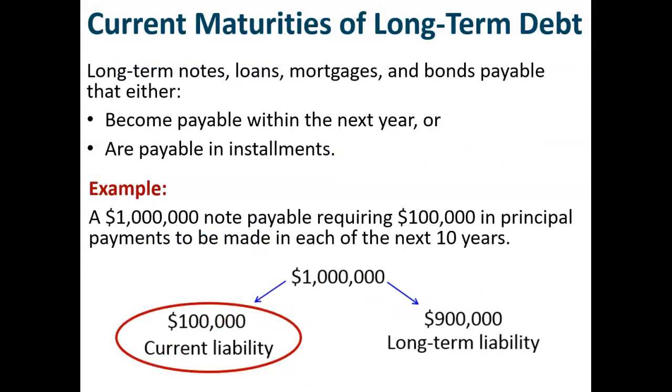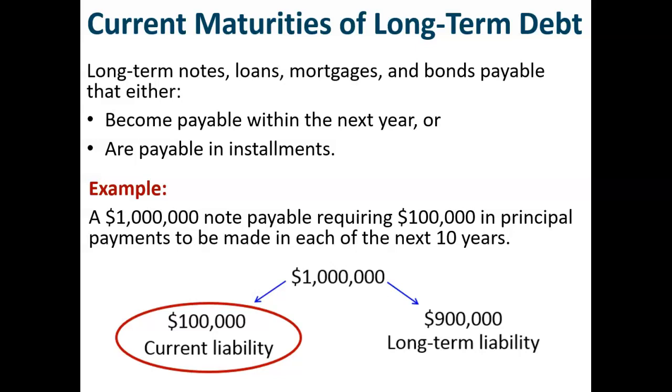Also recorded as a current liability are the current maturities of long-term debt. And that refers to the portion of the long-term debt that will become due within the next year or operating cycle, if longer. For example, a $1 million note payable requires $100,000 in principal payments to be made in each of the next 10 years.